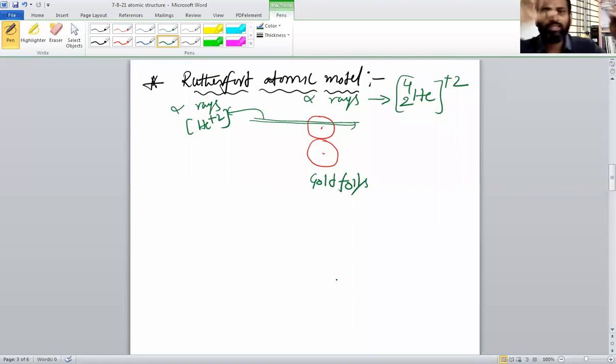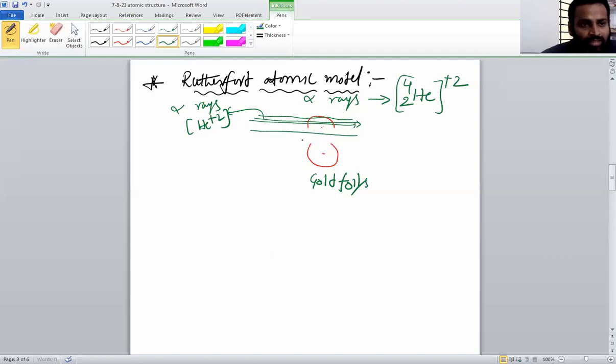Through the gold foils he sent alpha rays, which means helium 2+ ions, di-positive helium ions. What he observed is that the maximum of the alpha rays are passing through the gold foils like this.